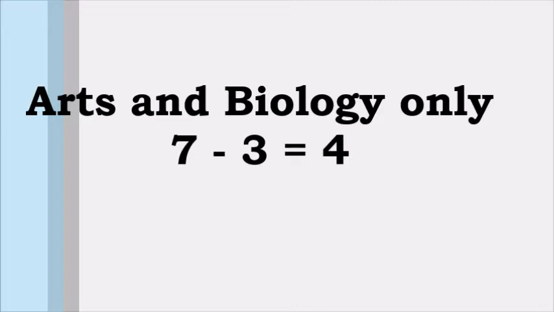So you subtract 3 from the 7 to get your arts and biology only. Therefore, 4 students do arts and biology only. Similar analysis is done to obtain the other regions.